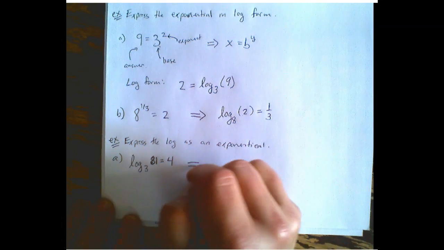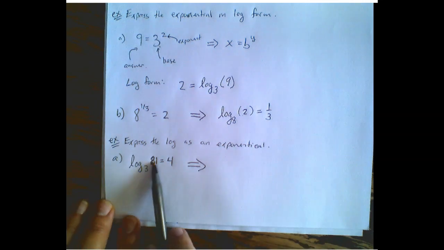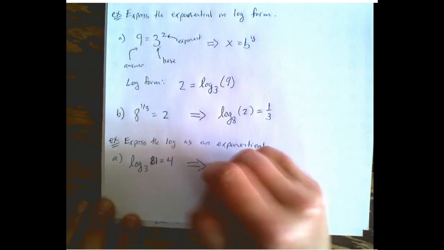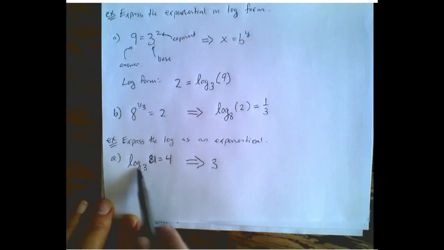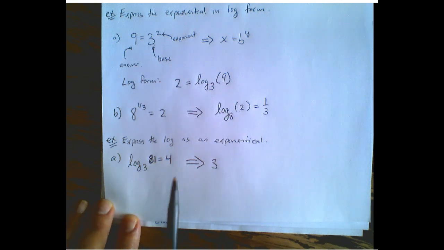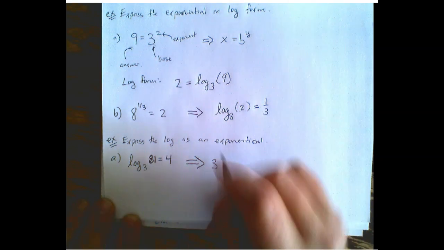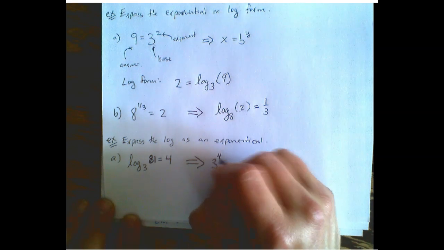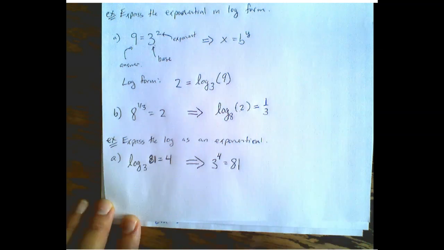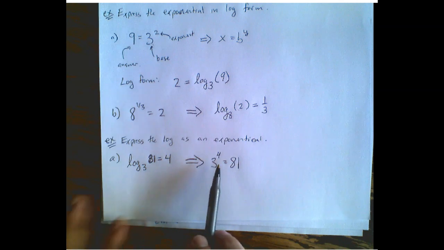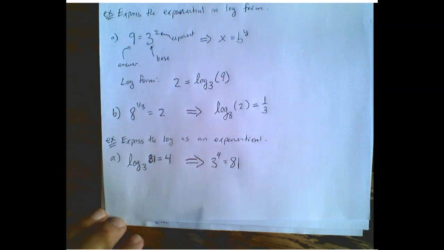So here's our logarithmic form. To go to the exponential form, look for your base first. Your base is 3. Now what's the power here? Recall that the outcome of a log is the power. So this would be 3 to the 4th equals 81. And that's absolutely true. If you multiply 3 times 3 times 3 times 3, you'll get 81.